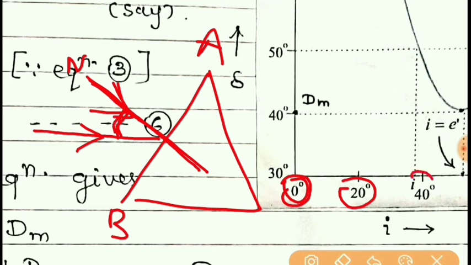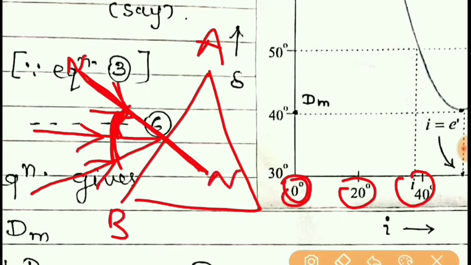Once again, if I want to increase the incident angle, then this is the incident ray, so this angle made is 40. So always the angle is made with respect to the normal line, and we can increase the angle from 0 to 90.